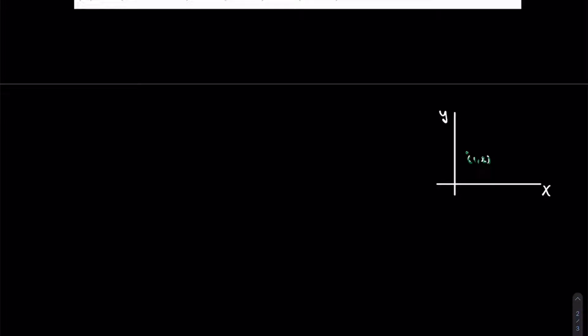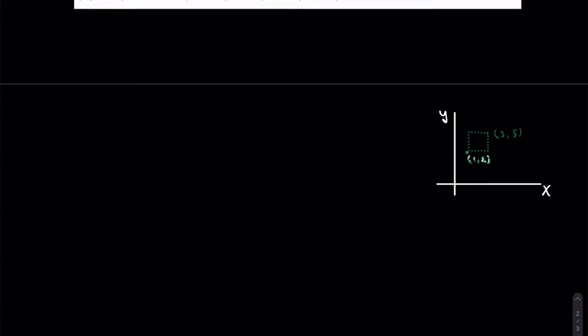Then we have another point, perhaps up here, which might be x equals 3, and then say y equals 5, like so. And so if this is true, now we have a signed area appearing like so.